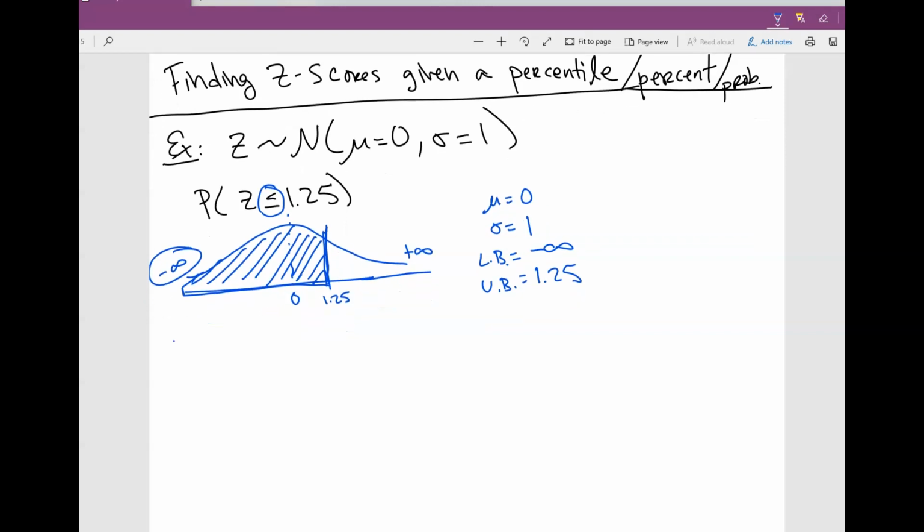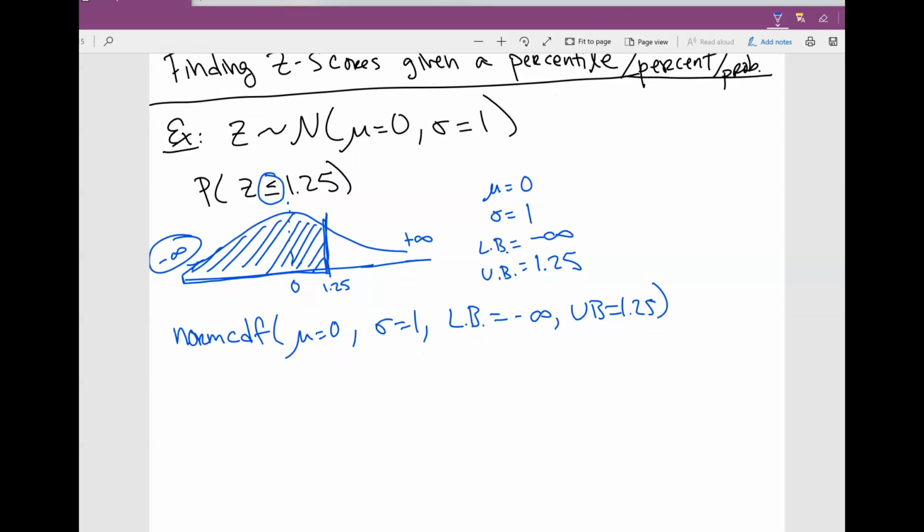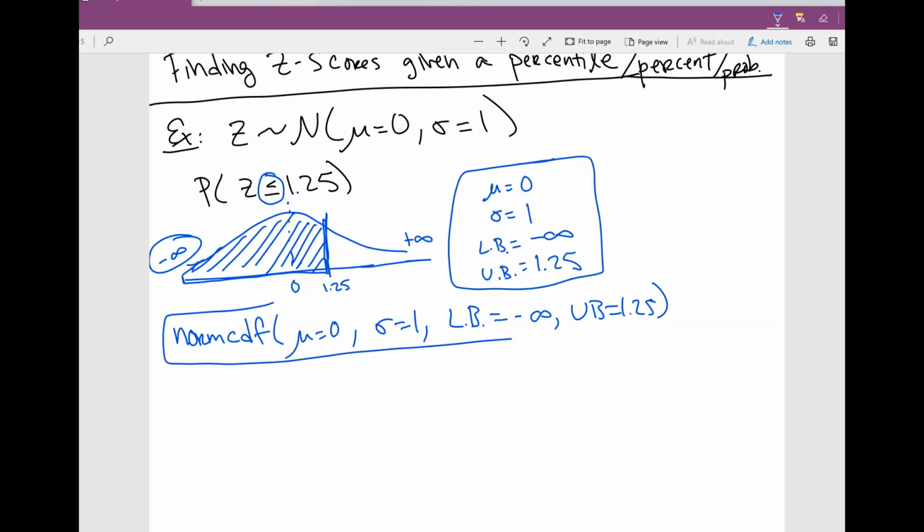So I'm going to use normal CDF with my mean equal to 0, my sigma equal to 1, my lower bound equal to negative infinity, and my upper bound equal to 1.25. On an exam or a worksheet, I'd like you to either label all of this out and then give me the answer, or just write that you're using normal CDF with all of these things written out.